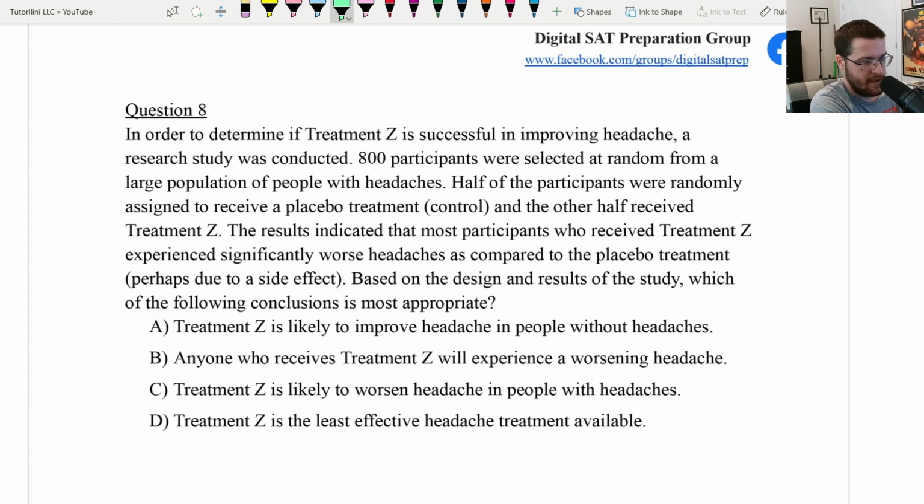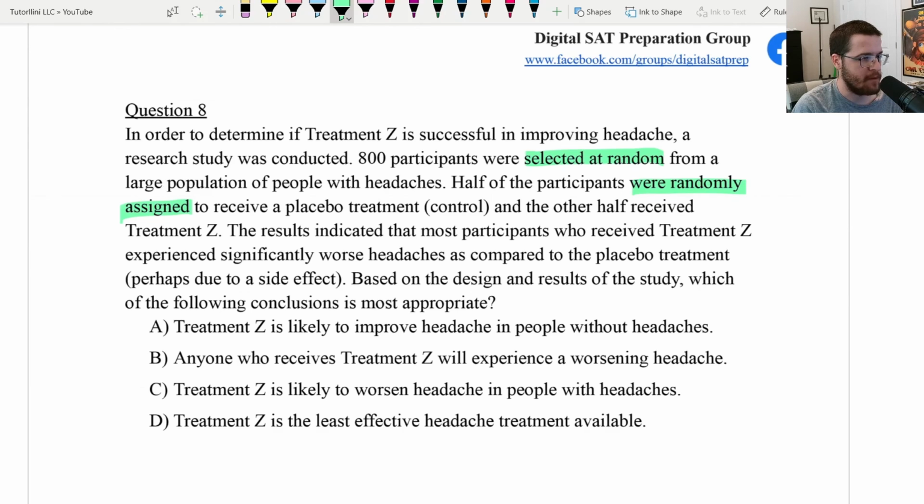So let's see, they were selected at random, and they were randomly assigned treatments, and they were given at least 2 treatments, one of them being a control, the placebo, the sugar pill, and then the other half received the new drug. That seems pretty good.